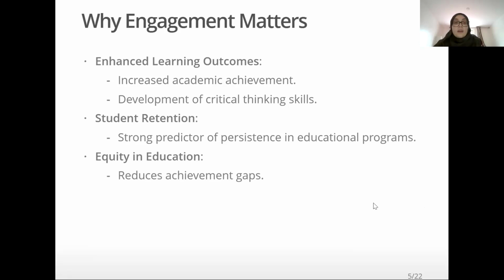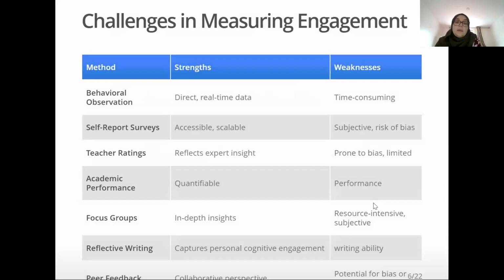Measuring engagement has not been very straightforward, although there are well-established methods in the literature. These include self-reported surveys, teacher ratings, and observational data. Each has its strengths, but they are rather subjective.